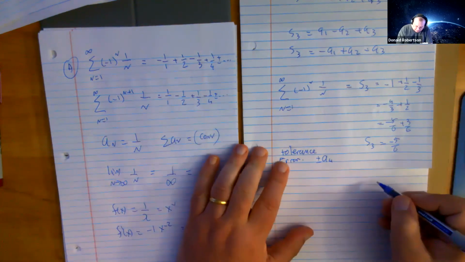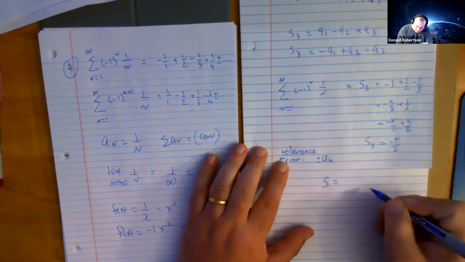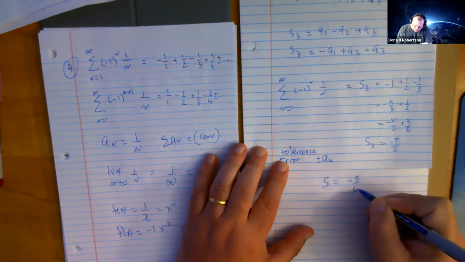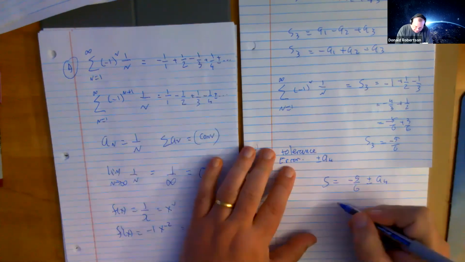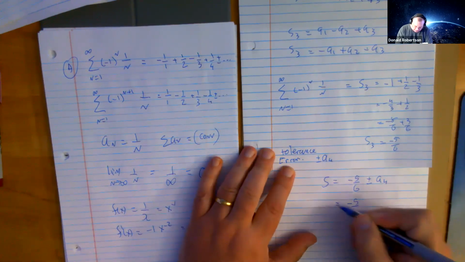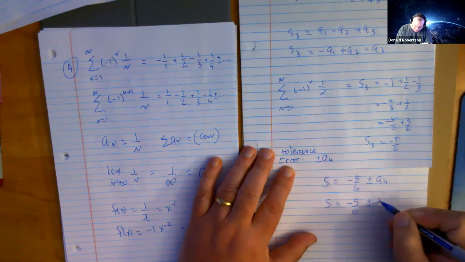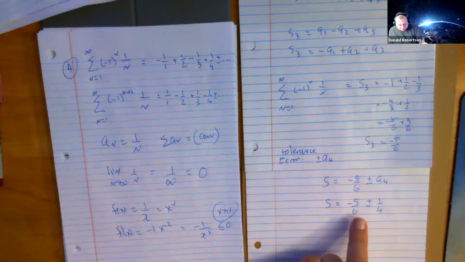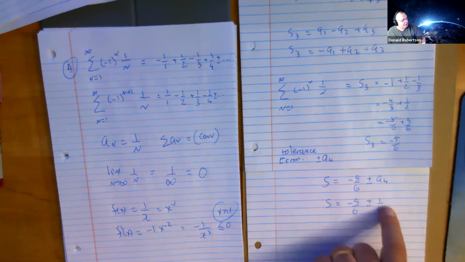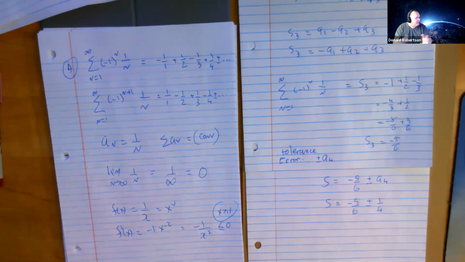So that tells me that the sum is negative 5/6, give or take the fourth term. So I can tell you that this series adds up to a number somewhere in the range negative 5/6 plus or minus a quarter, right? So at least I've given you an error band on it.